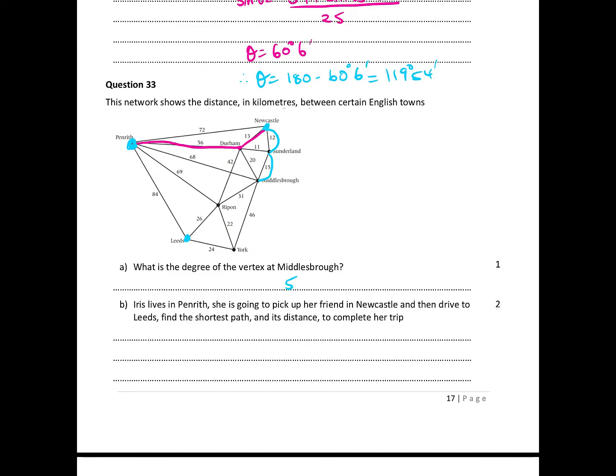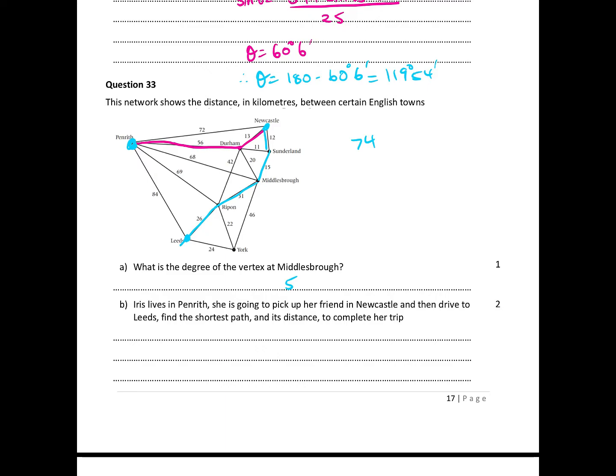That's already shorter, that option. So let's highlight this: 12, 15, and then 31, 26. Let's see what we get here. 27, 58, 74. Okay, so that one is 74.